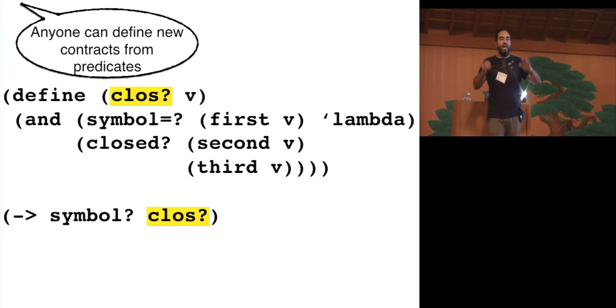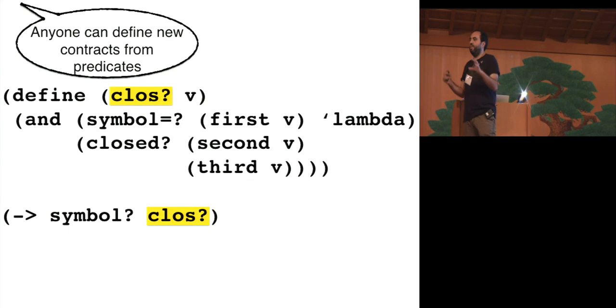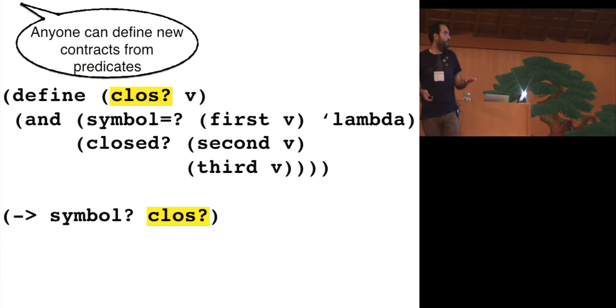For instance, any programmer can define their own flat contracts by defining basically predicates, like they will do in the language. And these predicates can perform arbitrary computation, anything that they want, and they can use them to form complicated contracts.